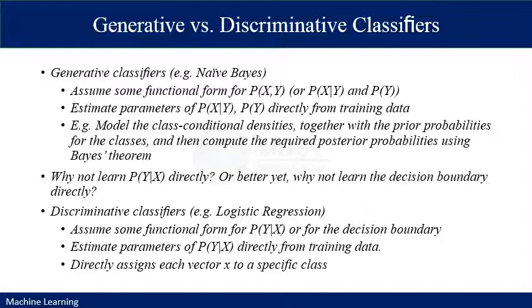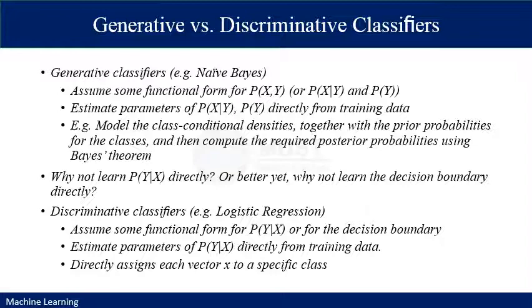At present, I believe we have discussed both of the methods in considerable detail. The generative models generate the data samples from the data sets and produce the actual probabilities for each class.